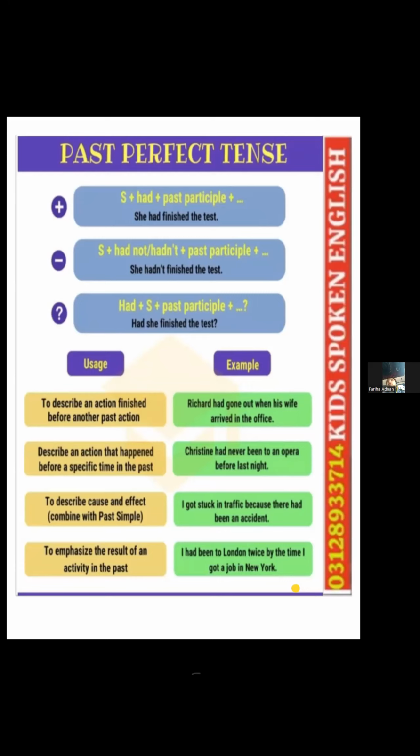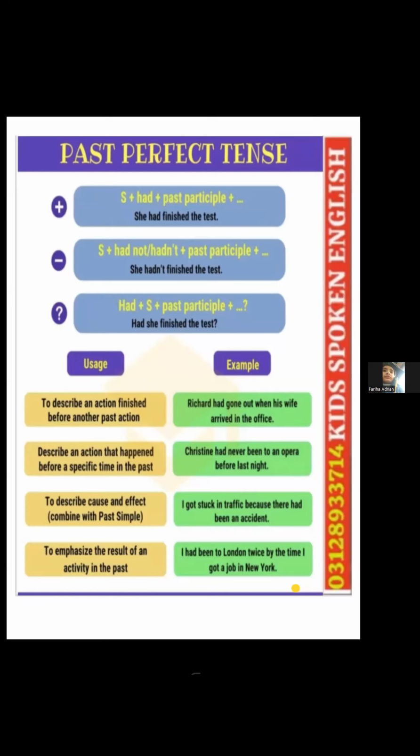Make another sentence. When you use the when form, the second form is used. The third form is gone. Okay, so Asim, make another sentence, beta. Try another sentence with had.